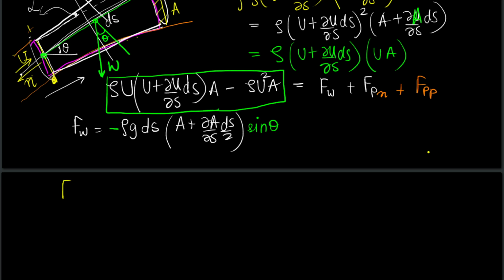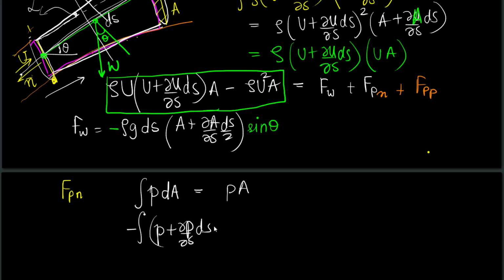So what is the force due to pressure on the normal faces? On the left face it will be P times dA, which is the integral of P dA on the left face, and this is simply going to be equal to P times A. On the right face it will be minus P plus del P del S ds dA on the right face, and this will be equal to P plus del P del S ds times the area.